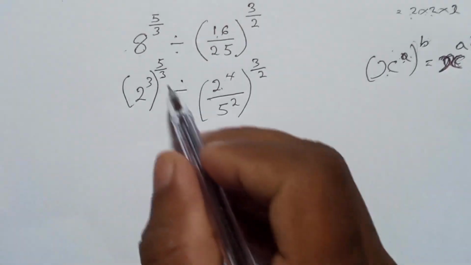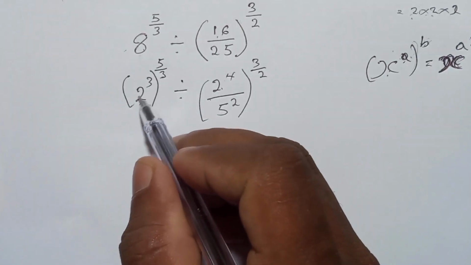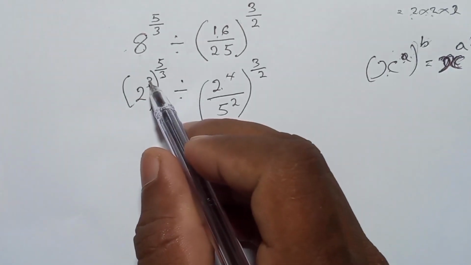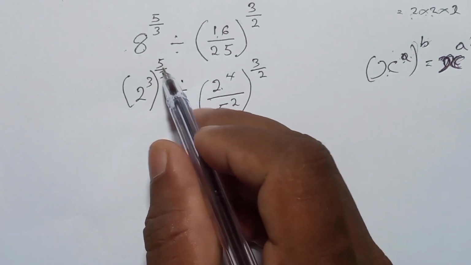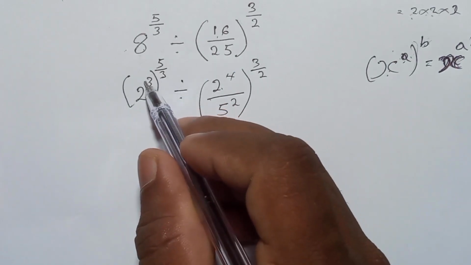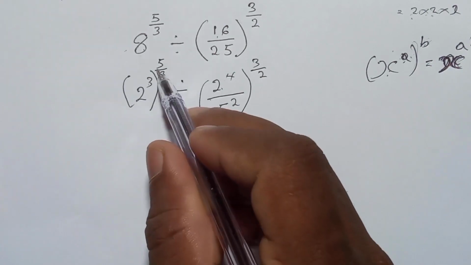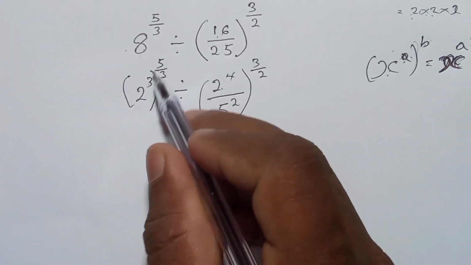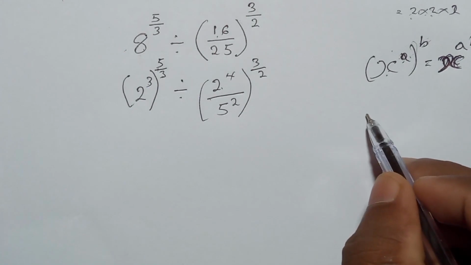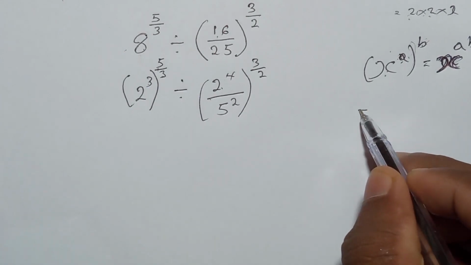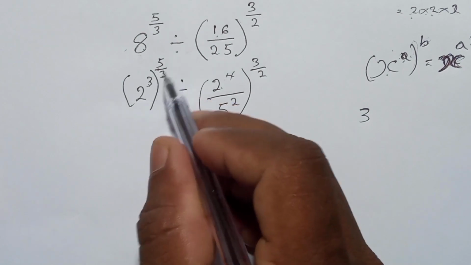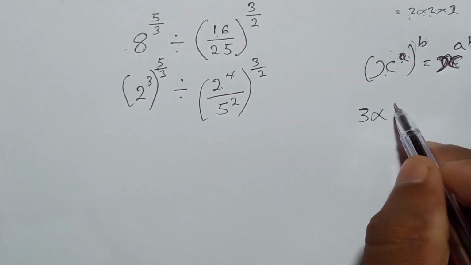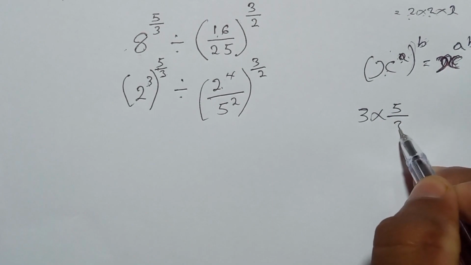Okay, now same idea here. For this 2 we have the index 3, and outside the bracket we have another index 5/3. So you multiply this index with this index, 3 into 5/3. This index is 3, and we multiply it with 5/3, right?